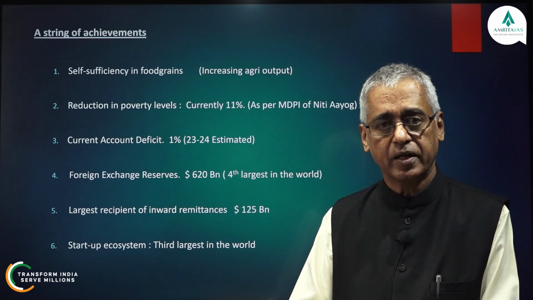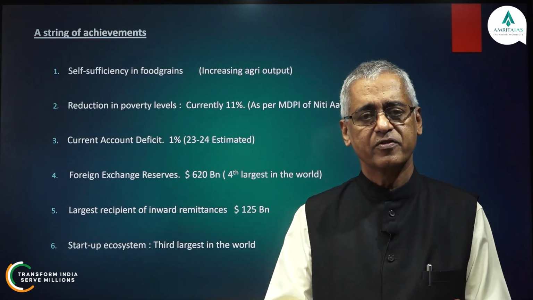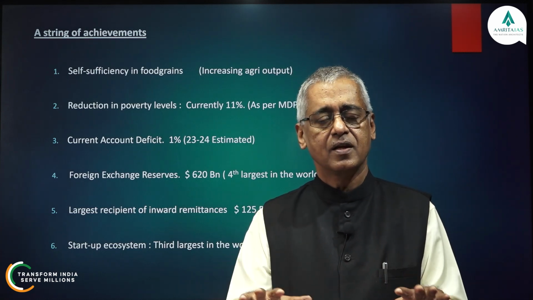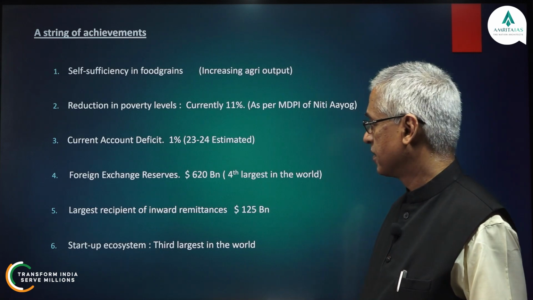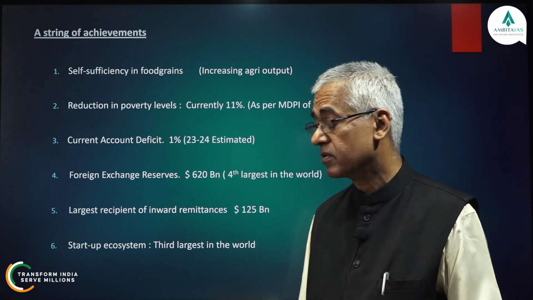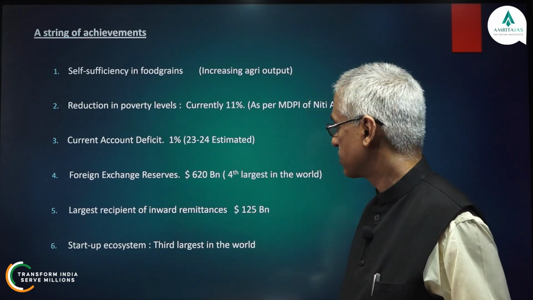It is believed generally that a current account deficit of up to 2.5 or 3% is something which any country can live with. Foreign exchange reserves, another major area of strength, is currently $620 billion.